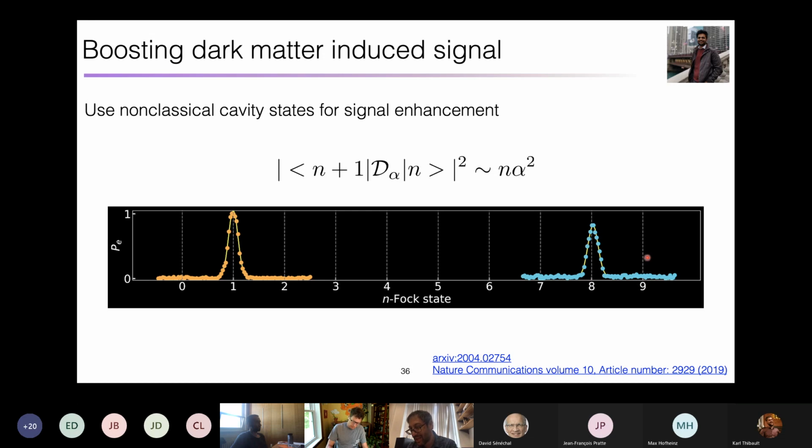So for example, if we looked at the probability of getting 9 photons when we put 8 photons in there, that rate is going to go up by a factor of 8, basically. So before we were trying to lower the background rate, but we could also potentially enhance the signal.